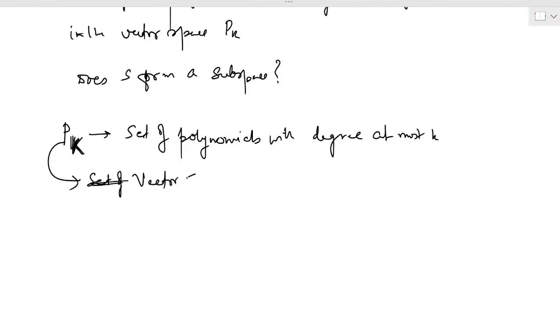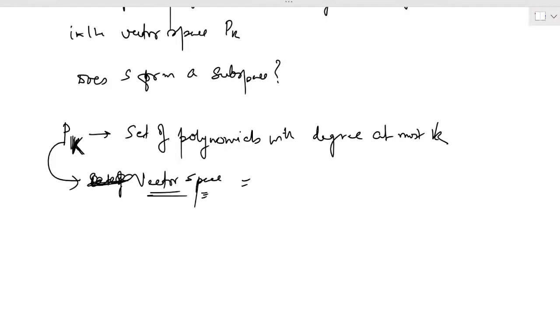If you remember, this forms a vector space. Pk means what? Pk means set of polynomials with degree at most k. So if this is the case, then it forms a vector space. That is very much sure.